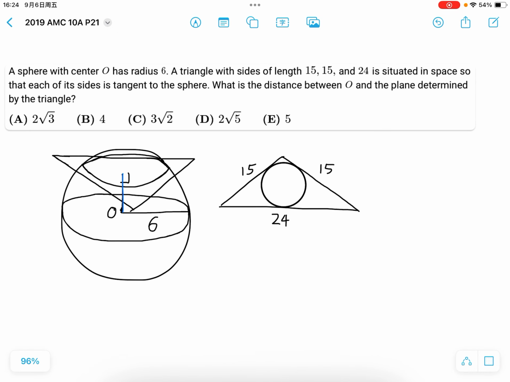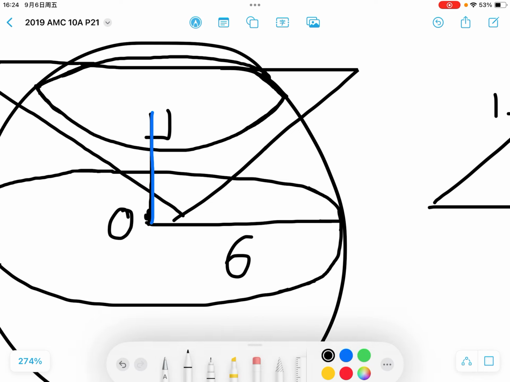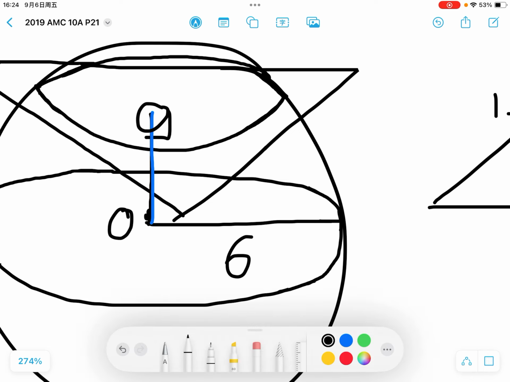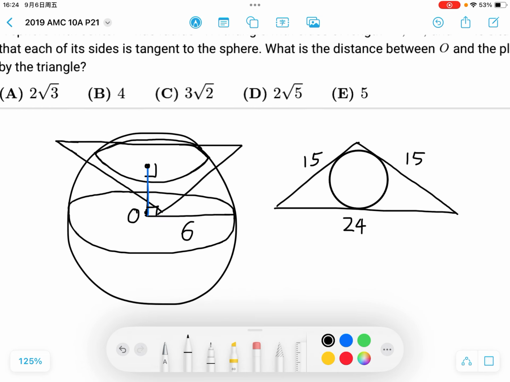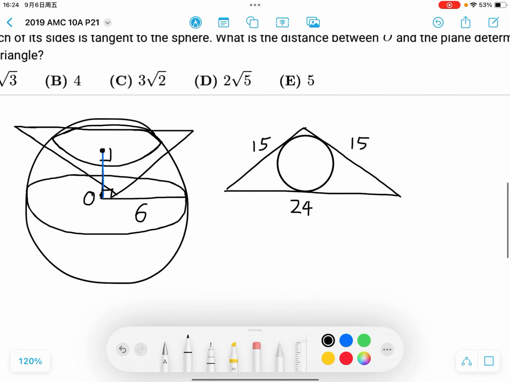One thing we notice about this problem is that we want the distance between O and the plane determined by the triangle. So the distance is this thing that I drew in blue. Just imagine that this point is the center of the circle here, and this line is perpendicular to this big circle and also the small circle. First let's look at this graph from this perspective and see what we can figure out.